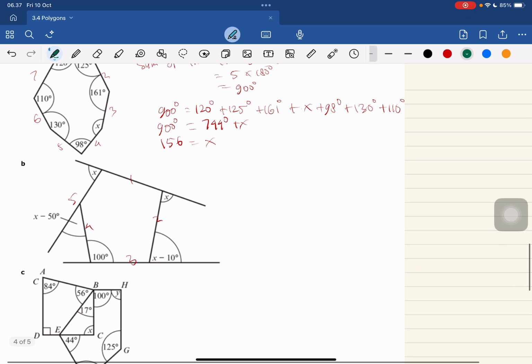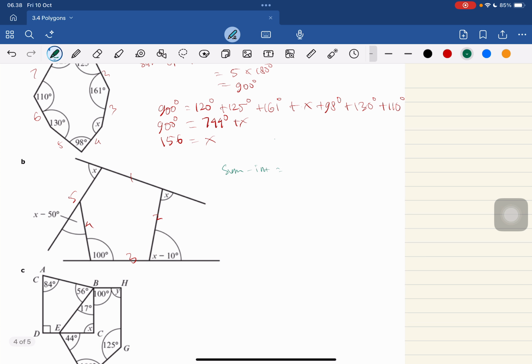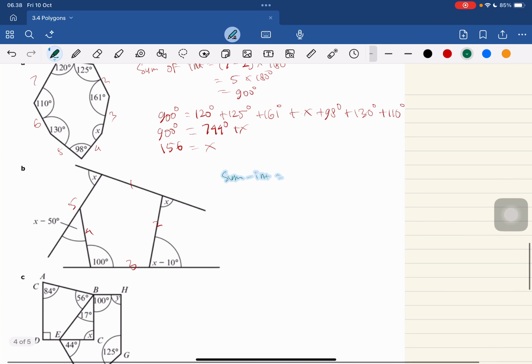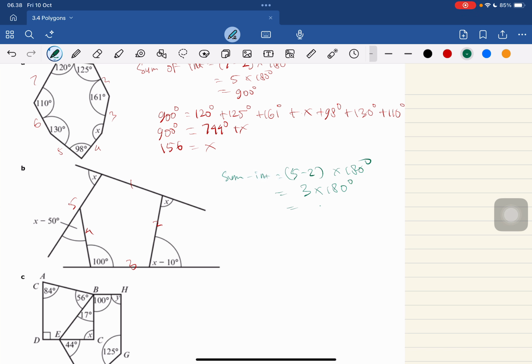So let's find the sum of interior angles. 5 minus 2 times 180 degrees. So this is 3 times 180 degrees, which gives us the answer of 540.